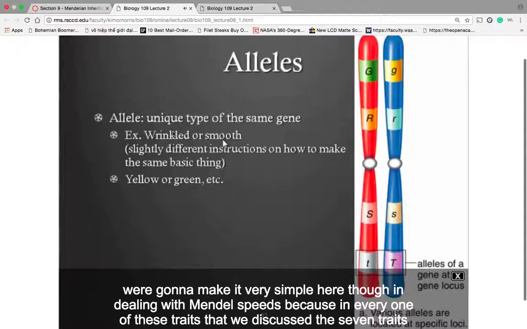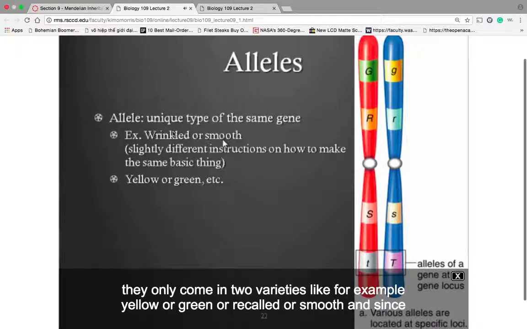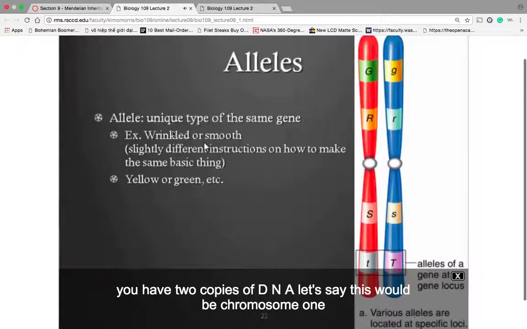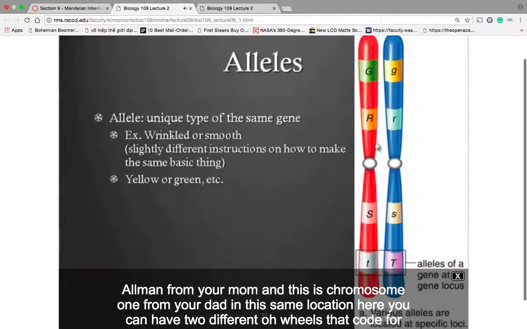We're going to make it very simple here, though, in dealing with Mendel's peas, because in every one of these traits that we discussed, these 7 traits, they only come in 2 varieties, like, for example, yellow or green, or wrinkled or smooth. And since you have 2 copies of DNA, let's say this would be chromosome 1 from your mom, and this is chromosome 1 from your dad, in this same location here, you could have 2 different alleles that code for a slightly different thing.